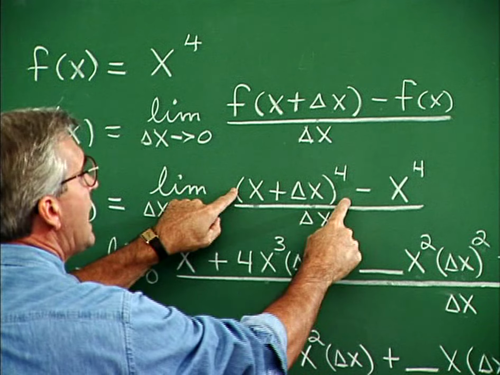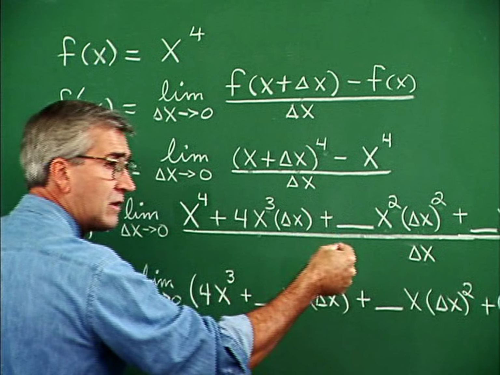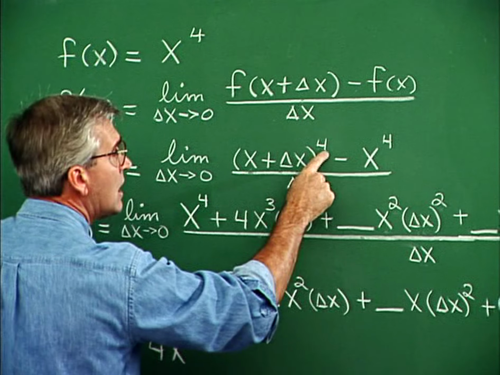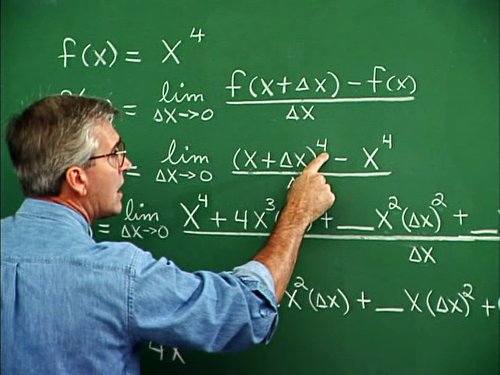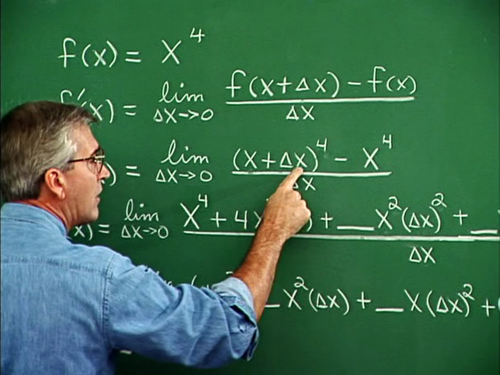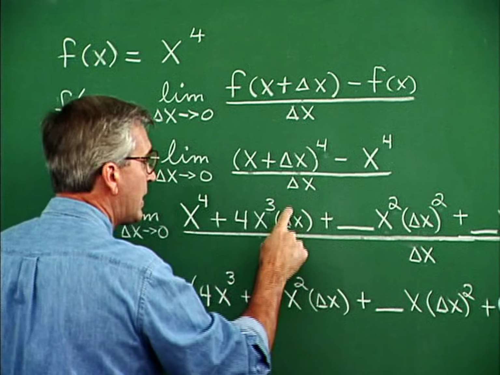That is, we would have x plus delta x to the 4th power, and the first term of the expansion is going to be x to the 4th power. All right, the next term of the expansion has a coefficient that is 4, and x is raised to a power which is 1 smaller than this, and the other part of the binomial appears as a factor 1 time.